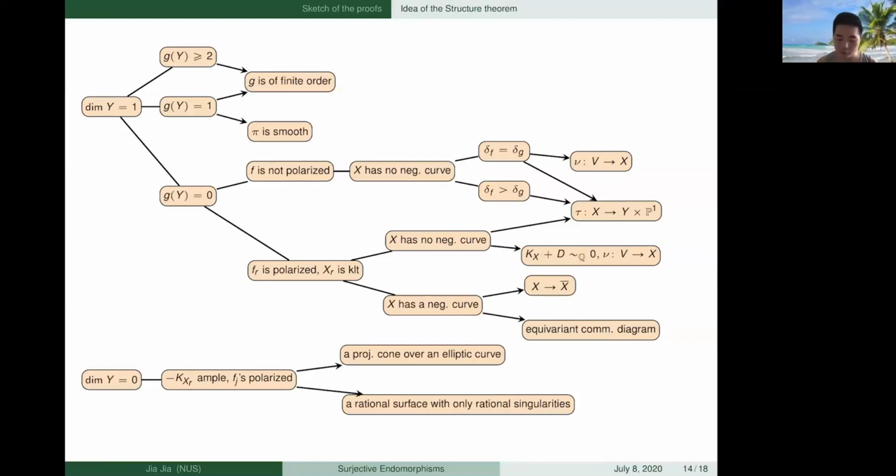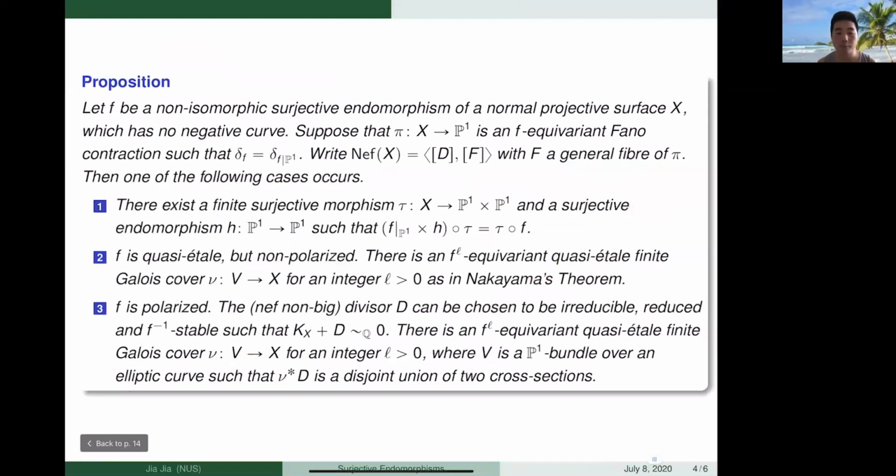So we need to focus on the case delta F equal to delta G. Also, we have this long proposition. We suppose that X to P1 is an F-equivariant fundamental contraction with delta F equal to the dynamic degree of the base.